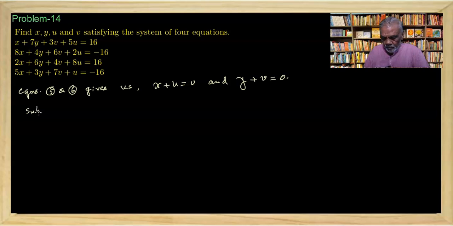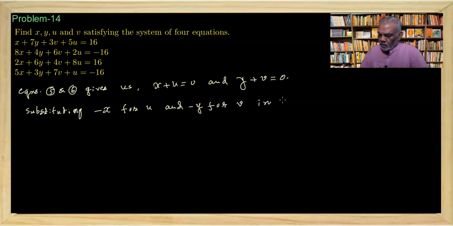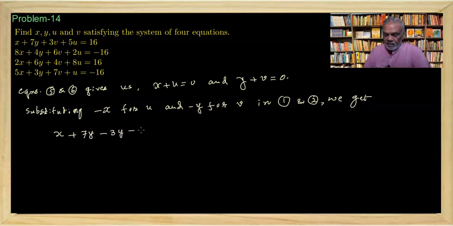Substituting minus x for u and minus y for v in equation 1, we get x plus 7y minus 3y minus 5x is equal to 60.